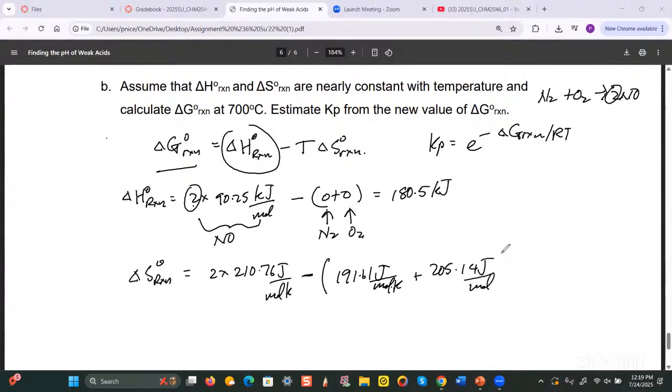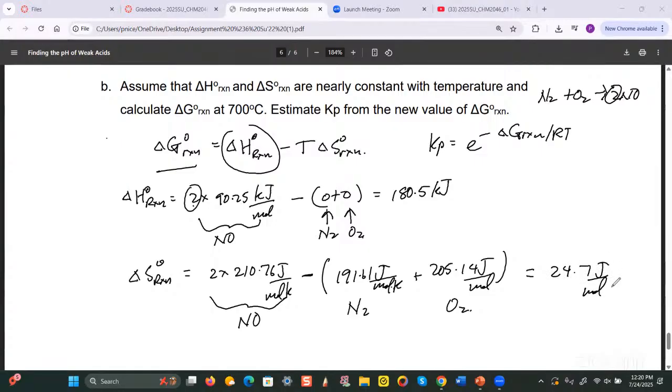So this value here is for the NO, this value here is for the N2, and this value is for the O2, all right? When I work this out, the answer I got is 24.7 joules per mole Kelvin.